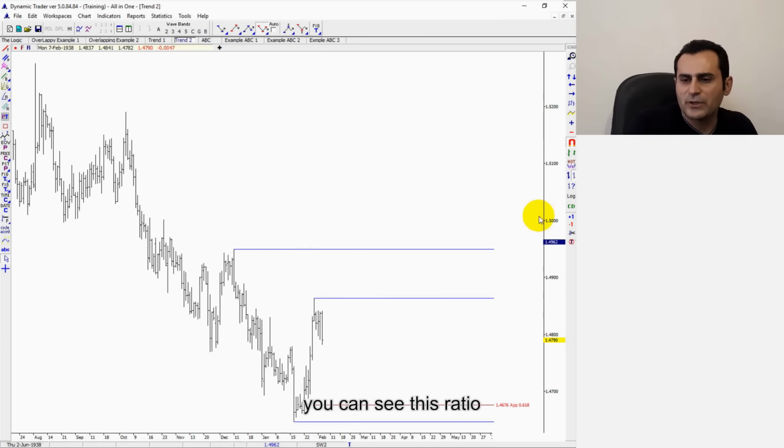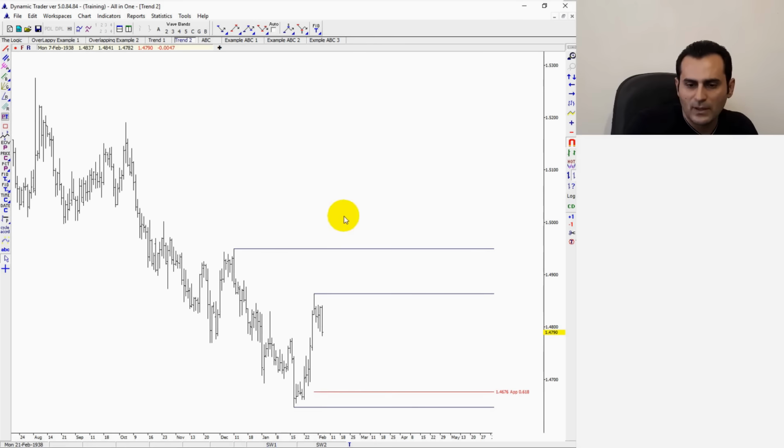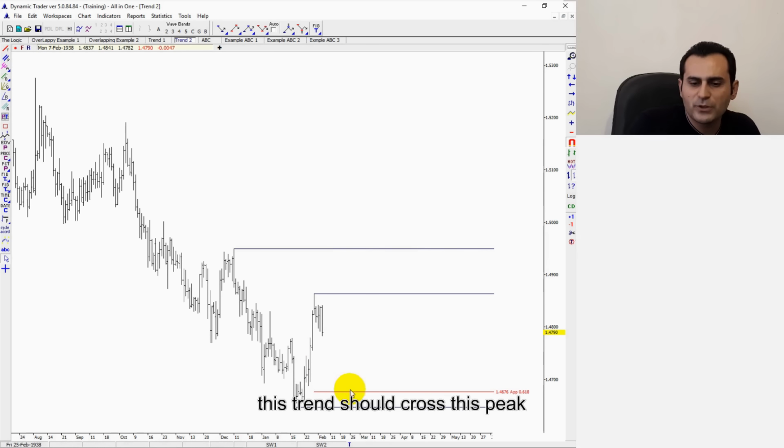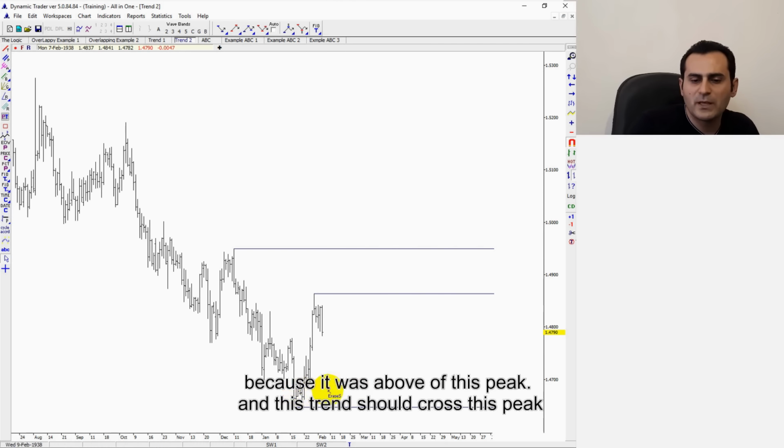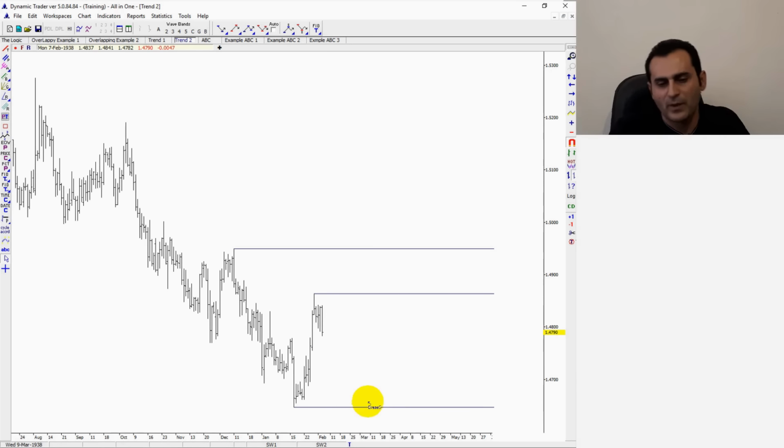You can see this ratio is above this peak. So this trend should cross this peak, and this ratio in advance we should erase it, because it was above this peak.